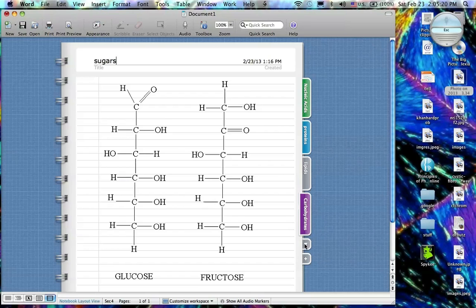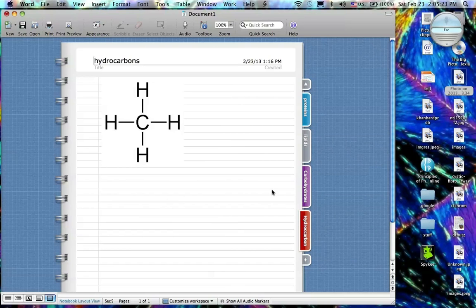And then next we have hydrocarbons. And hydrocarbons are, I don't know what you need to know about them, but they're the simplest organic compounds. And organic compounds is a fancy way of saying molecules with carbon in them. So they're the basic building block of life.